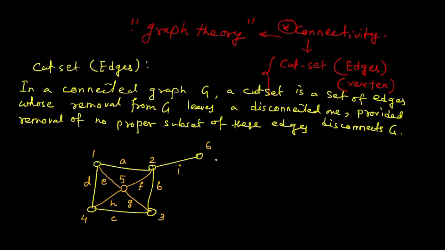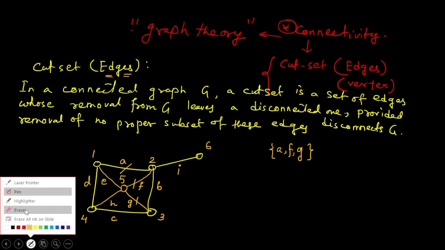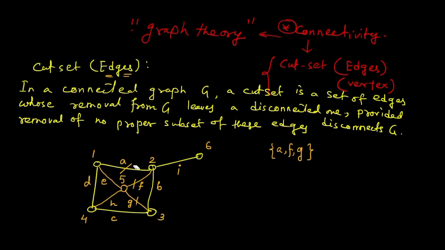Now in this graph, can we say that A, F and G is a cut set with respect to edges? If you remove these three, just see what you are going to get. You get a graph which is not at all disconnected.